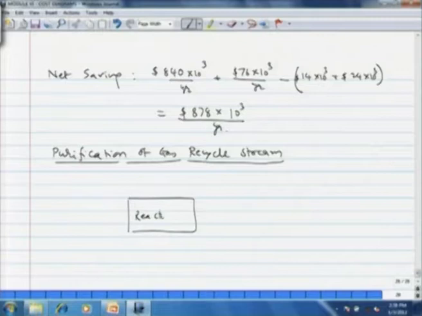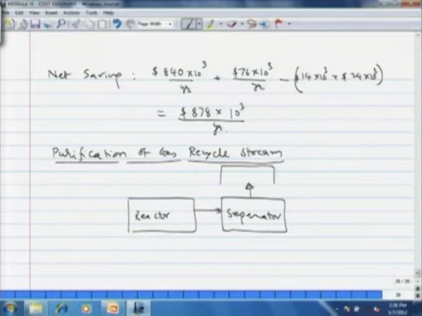I have the reactor followed by a separator, and from separator the gas that emerges is filtered through a membrane module which recovers entire hydrogen and 5% methane, and it generates a stream that contains 95% of hydrogen and 5% methane, which is very much similar to the feed gas composition, and then it is recycled.